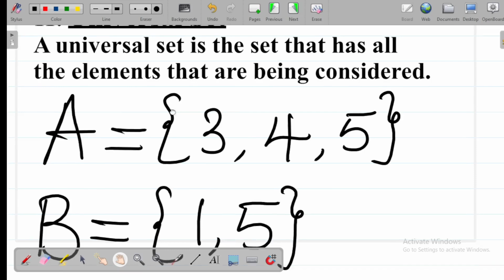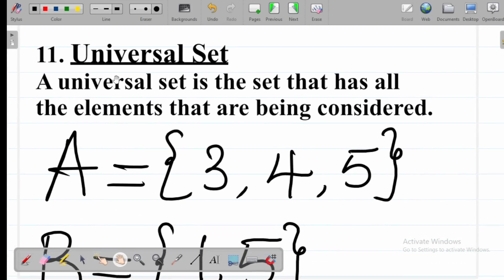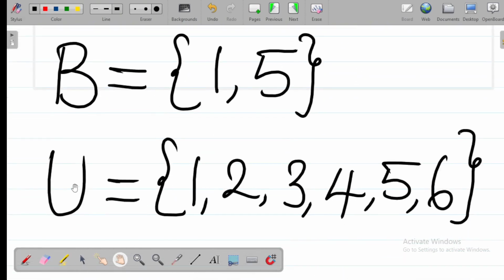Now let's check the definition of universal set again. A universal set is the set that has all the elements that are being considered. U is universal set, and the elements in the universal set are 1, 2, 3, 4, 5, and 6.